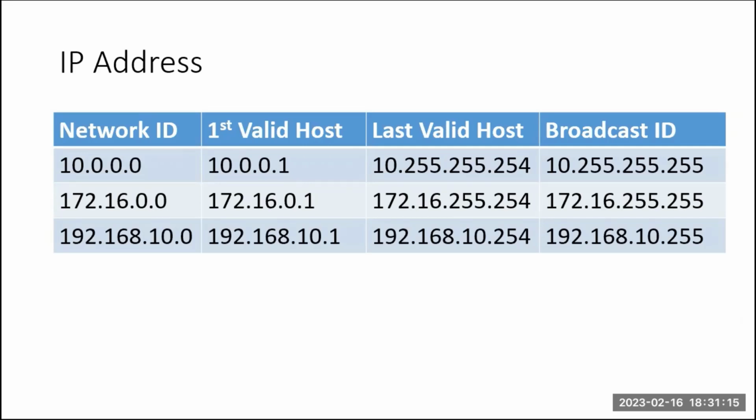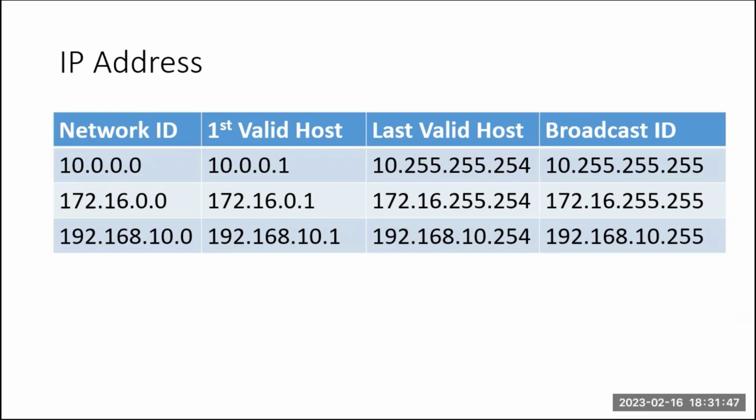All right, so this is the default setting, so there's no subnetting taking place here. Our network ID is here, our broadcast ID is here. The number just after the network ID is the first valid host, and the number just before the broadcast ID, in this case 10.255.255.254, is the last valid host.